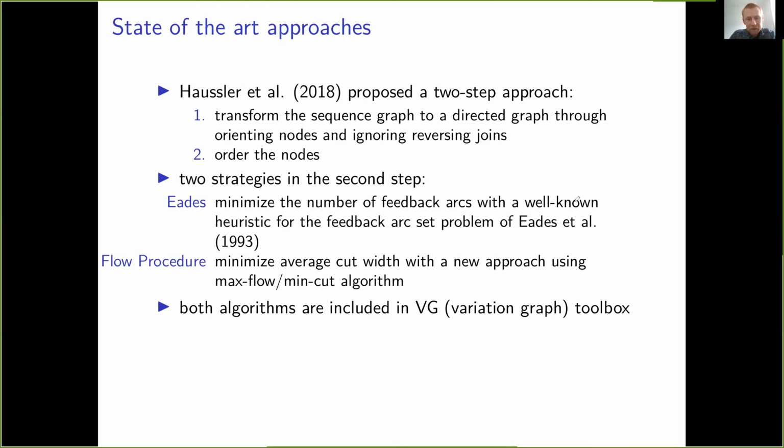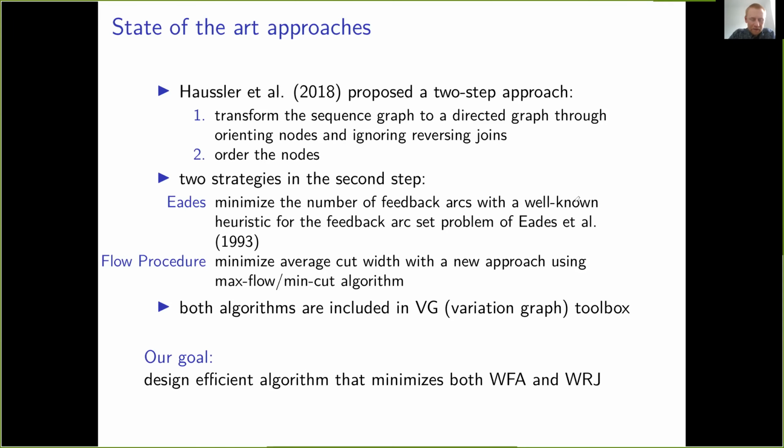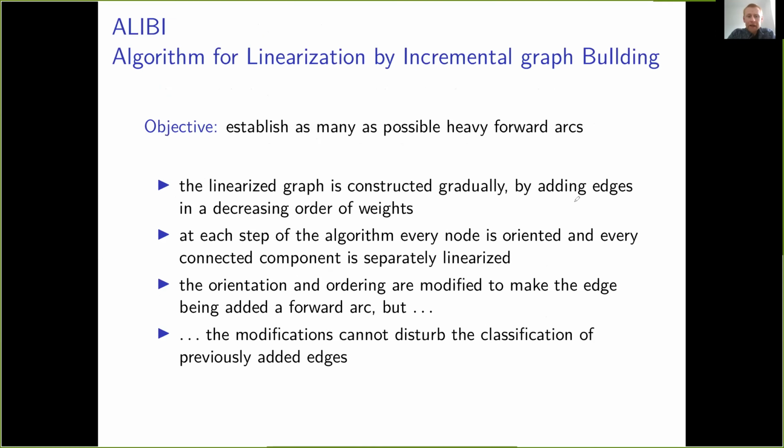And we wanted to investigate this area deeper, in particular to analyze the reversing joins and design an algorithm that would minimize both feedback arcs and reversing joins. So if we want to minimize feedback arcs and reversing joins, then we should maximize forward arcs.